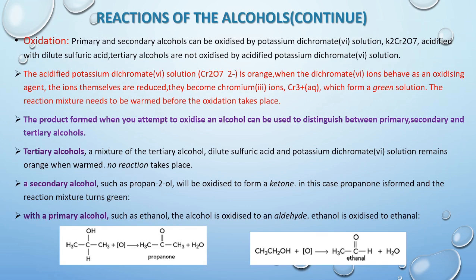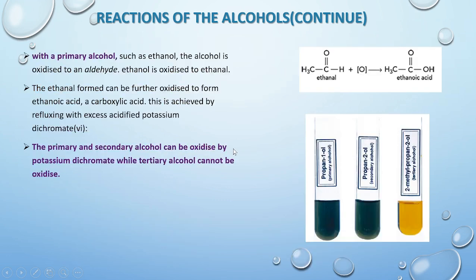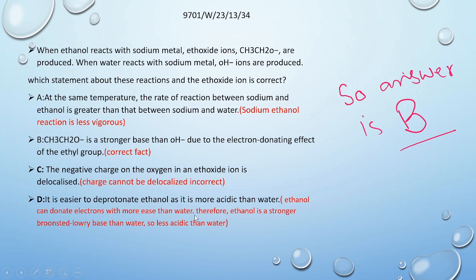The secondary alcohol will be oxidized into ketone and the primary alcohol will be oxidized into aldehyde with the help of potassium dichromate. In the meantime, its color will change from orange to green. You can see here the primary and secondary alcohol, their color will change from orange to green, while for tertiary alcohol there will be no change.